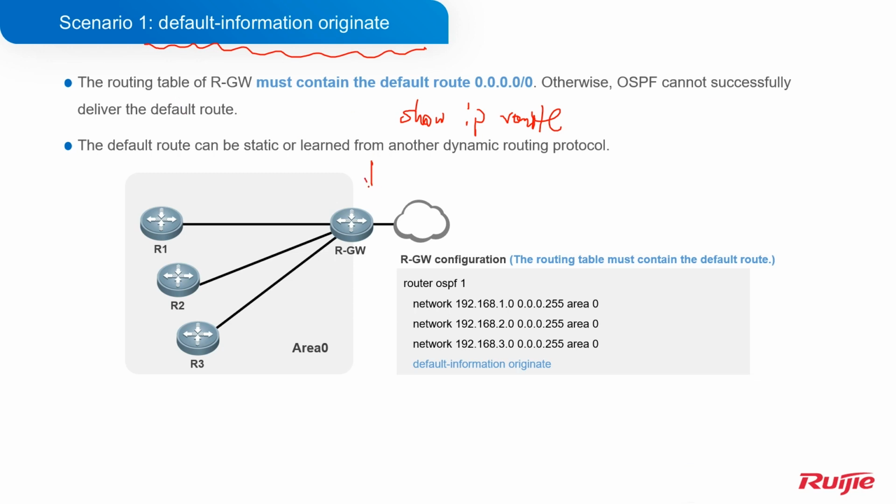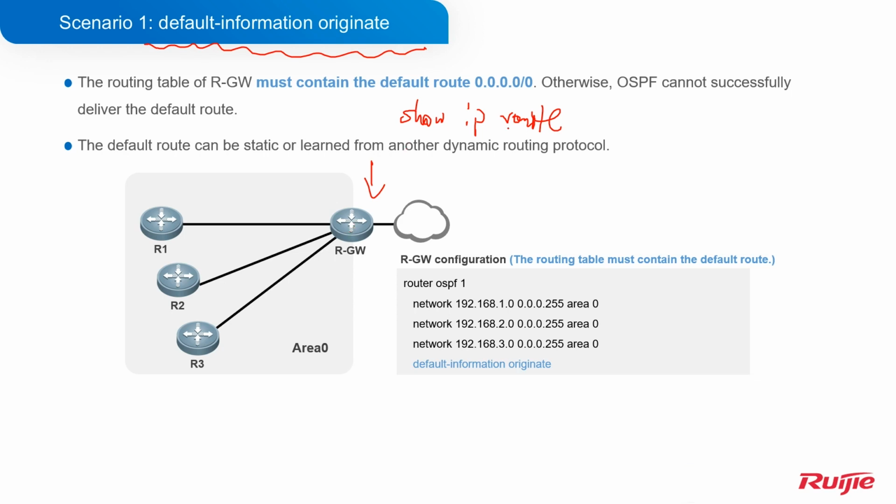Looking at this topology, this is an RGW device. Sometimes we want to do default-information originate, and we configure this command on the RGW device.